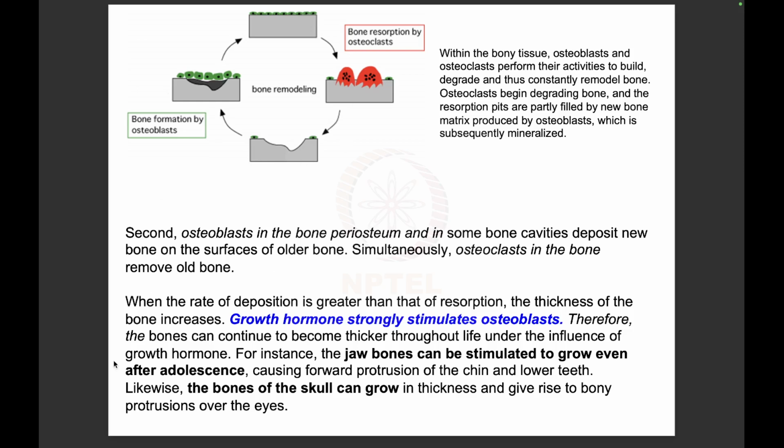Here you can see osteoblasts in the bone periosteum and in some bone cavities deposit new bone on the surface of the older bone. Simultaneously, osteoclasts in the bone remove the old bone. When the rate of deposition is greater than resorption, the thickness of the bone increases.